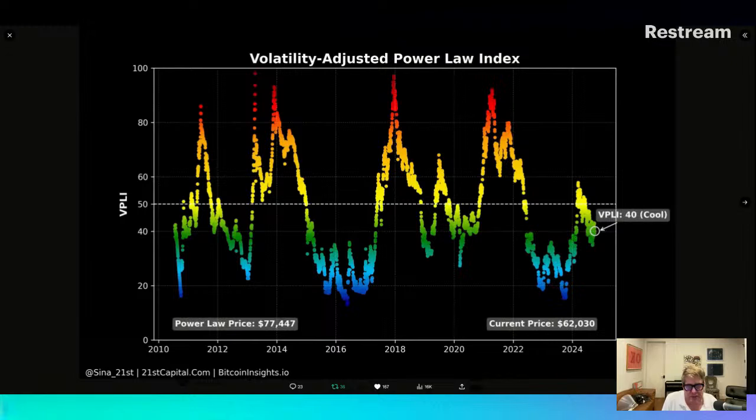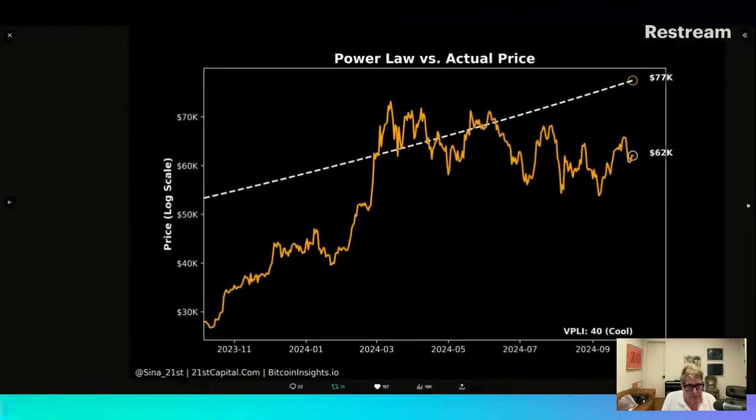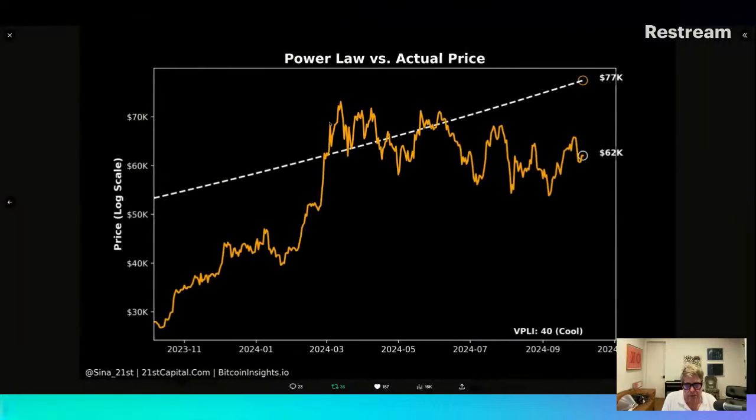What does power law 77,000 mean? I think what you're talking about there is, let's go back to that one. This one here, right? So what does this mean, 77,000? This says that the trend line for the power law is 77,000, right? That's what it means.